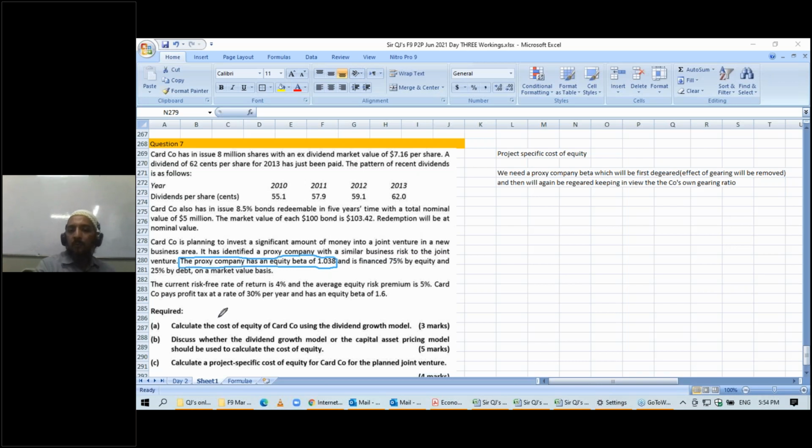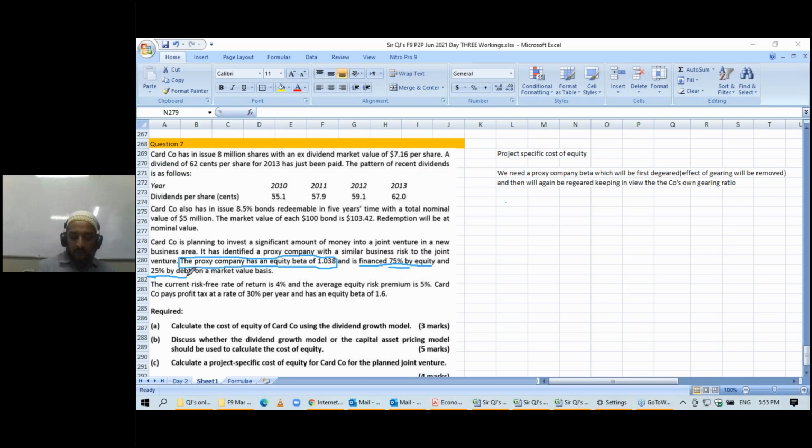Now this beta 1.08 will first have to be de-geared. Why should it be de-geared? Because if you look, the financial risk in it is 75%. The proxy company finances 75% by equity and 25% by debt. But the card company is not this much geared. The gearing ratio of the card company is different.